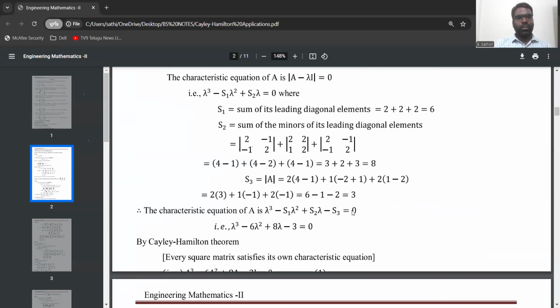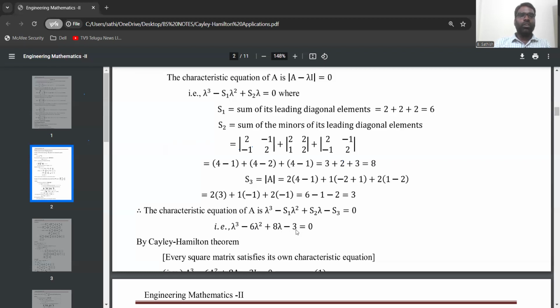Hence, by substituting all these values in the equation, we get lambda cube minus, we got s1 value 6, into lambda square plus s2 value, just now we obtained, 8 into lambda minus s3 value 3, which equals 0. This is our characteristic equation.